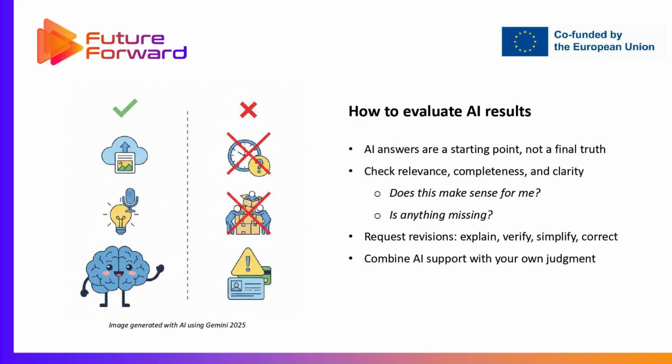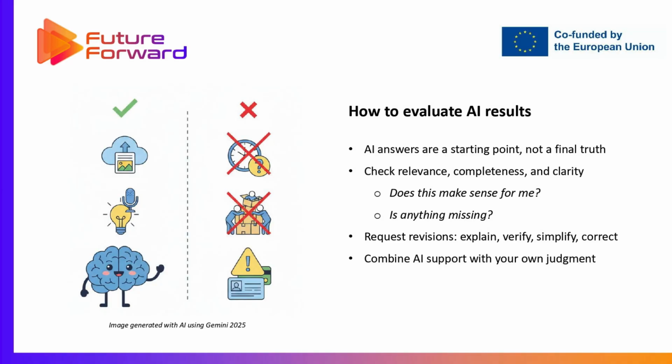At this point, you've seen how AI can support your tasks. Now the final step is learning how to read its answers with confidence. Whenever you receive a result from an AI tool, treat it as a first draft. The AI does not know your personal situation or the details you didn't mention, so its suggestions may need small adjustments.